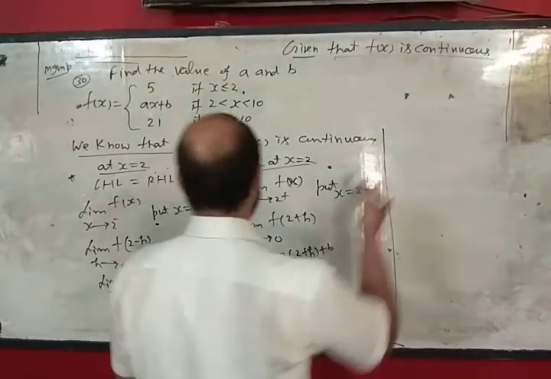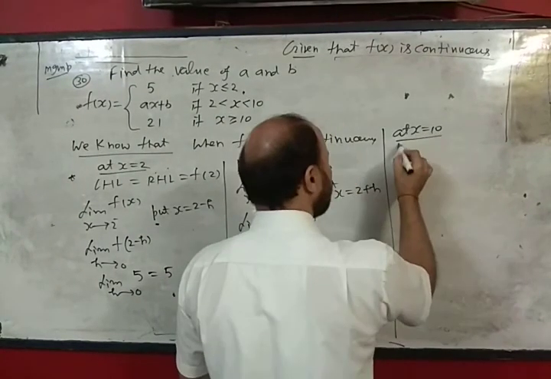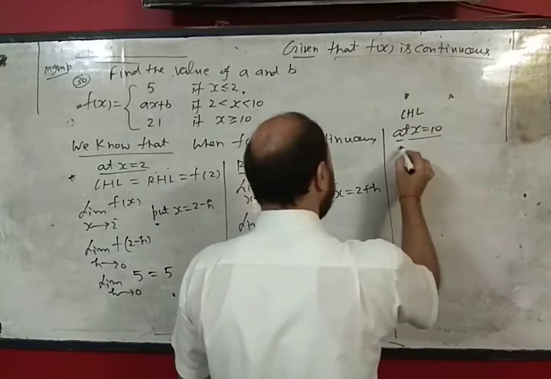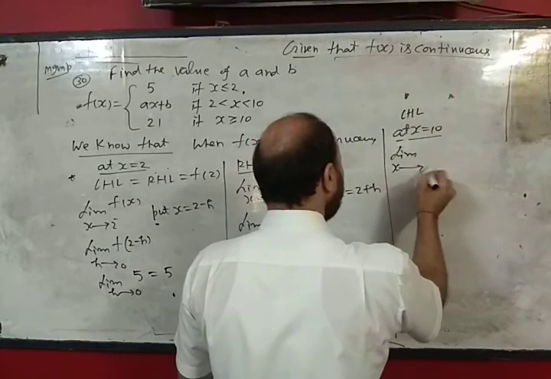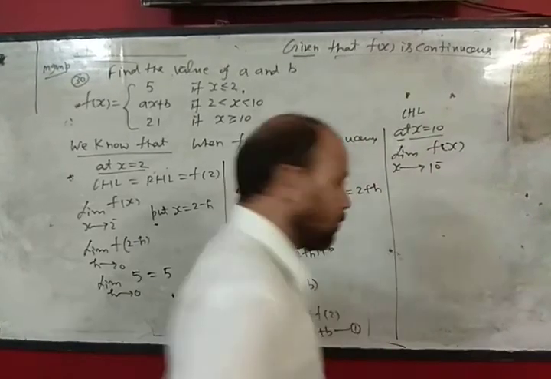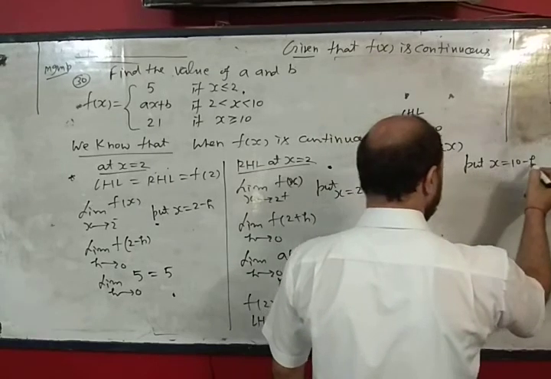At x is equal to 10, the left hand limit, that is LHL, limit x tends to 10 minus. Put x is equal to 10 minus h.